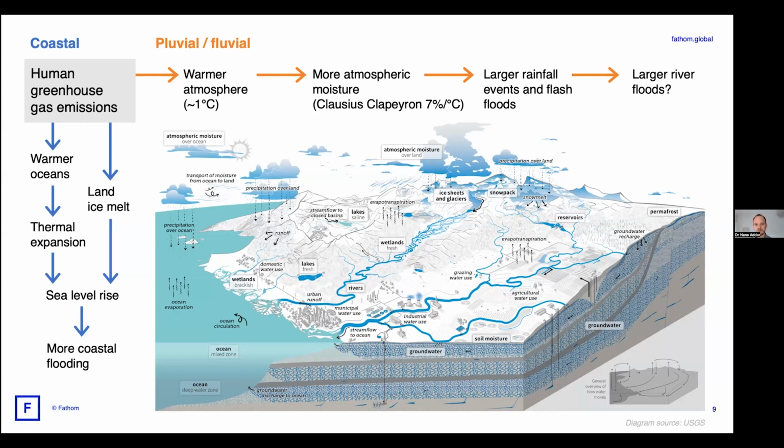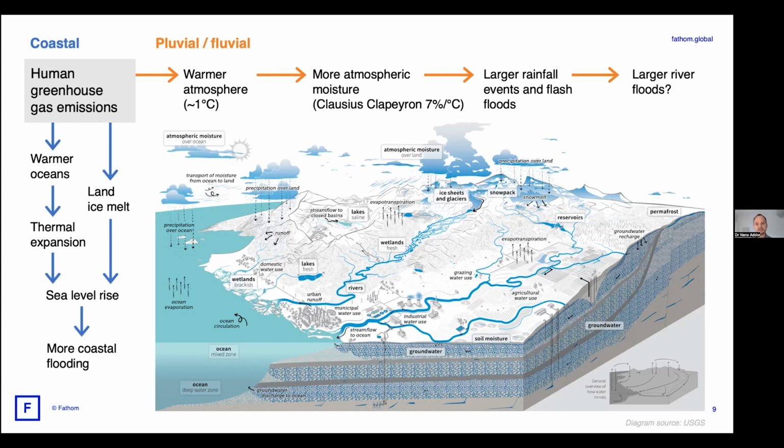And one really important implication of this when it comes to flood risk is that a warmer atmosphere can hold more moisture. We know from the Clausius-Clapeyron relationship that every time the atmosphere warms up by 1 degree Celsius, it can hold 7% more water. And so there is more water available to fuel large rainfall events and flash floods.